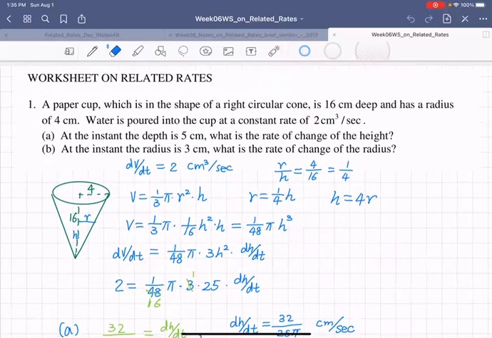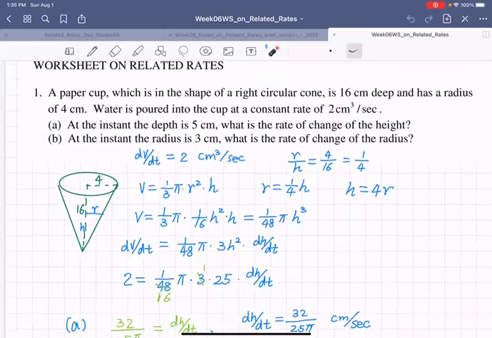Same as we do for the optimization question. This is the volume. And we have similar triangles. If you draw this right triangle, and another right triangle here, it is clear. Let's write down the triangle similarity proportion.